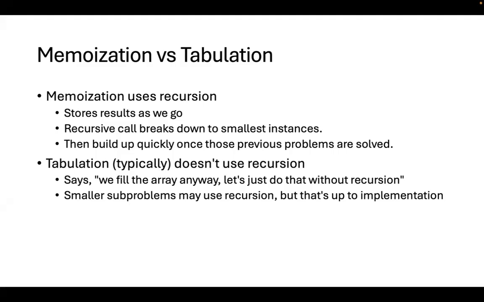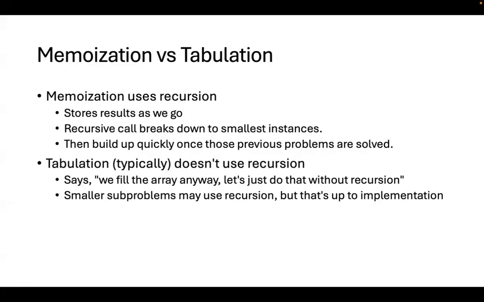That's the situation where we have an array or a matrix and we fill it up. Because when we do memoization, we end up filling up that information anyway to calculate all those things. So tabulation says we're filling this array anyway. Let's just do it without recursion.